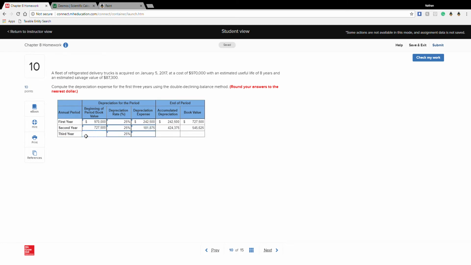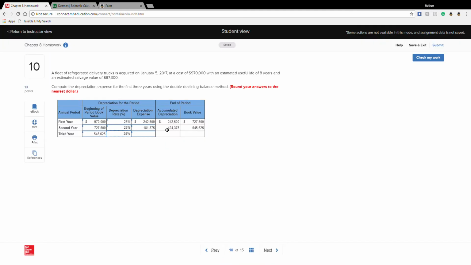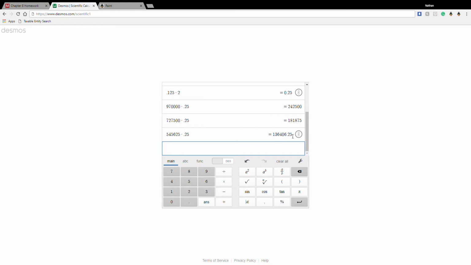So now our book value's there. 545,625 times now that by 25%. And we're looking at a little bit of rounding that's going to happen. Let's see, it says round your answers to the nearest dollar. So since this is below 5, it's just going to be 136,406.